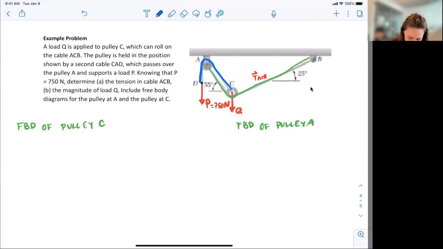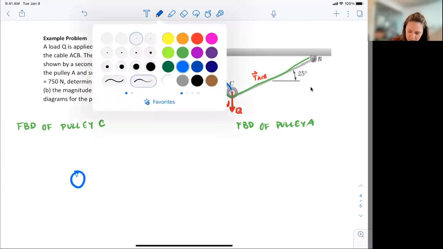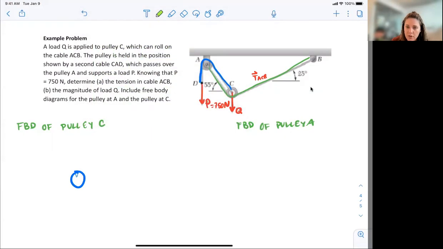So here is pulley C. And let's look at all those places again where it interacts with something else. So we know it's going to have the force Q. It has this cable in two spots, and then it also has this cable, right? Okay, so we are going to have the tension in ACB, and that's going to show up in two different spots on each side.